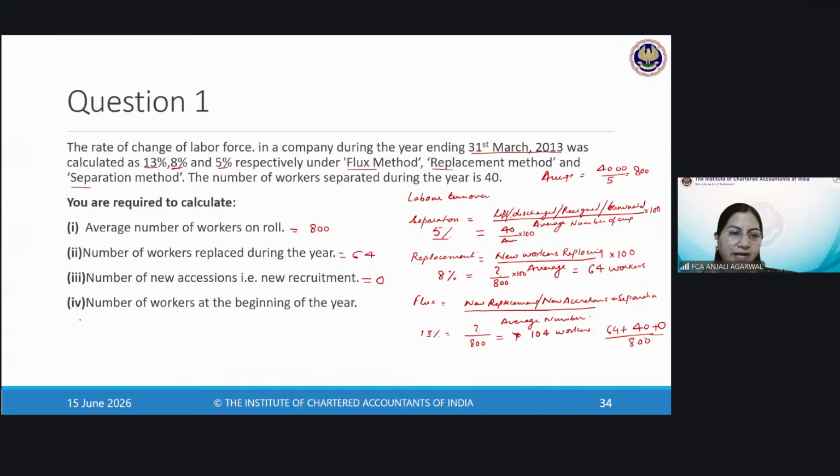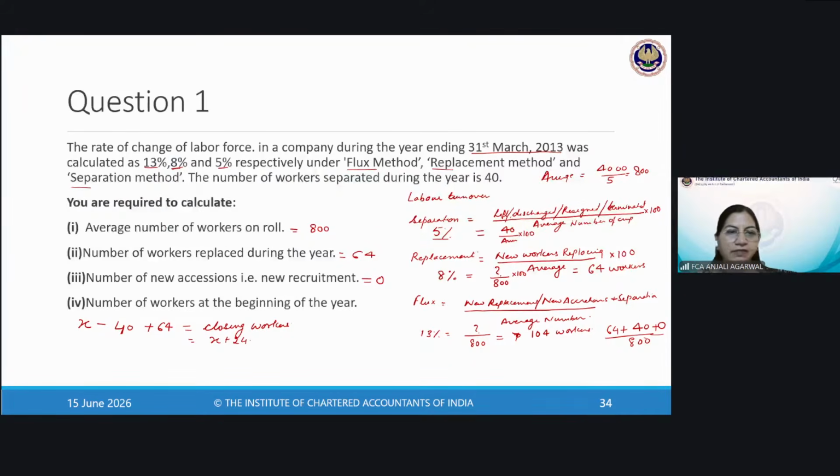How many workers were there at the beginning of the year? Let's say there were X workers at the beginning of the year. From X, 40 workers left the organization, separated. 64 were replaced. So this will become your closing number of workers, which is equal to X plus 24.